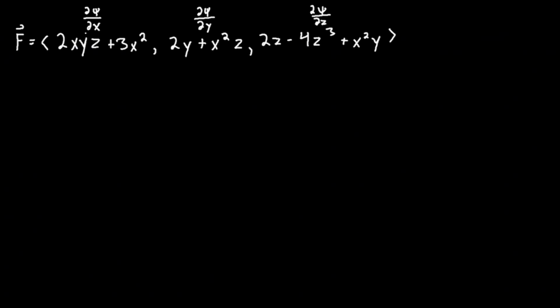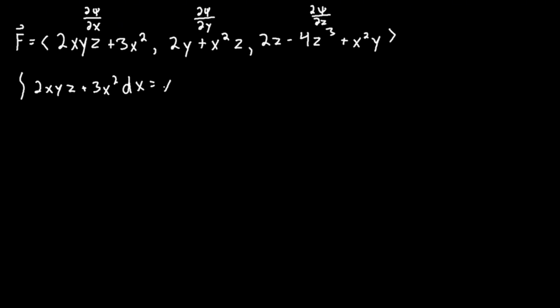So if I find the integral of the first component of your vector field with respect to x, you can find the function psi with some arbitrary constant or some functions that we are going to talk about later. So let's find the integral with respect to x so we can actually solve for psi here. This is the x partial for psi, so if we integrate with respect to x, we should get something that looks like psi.